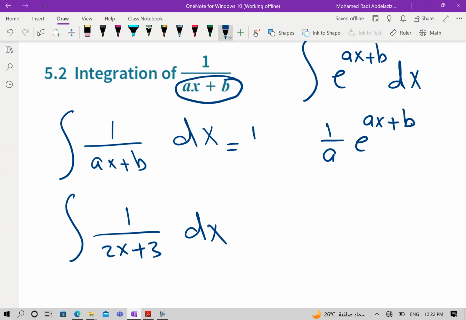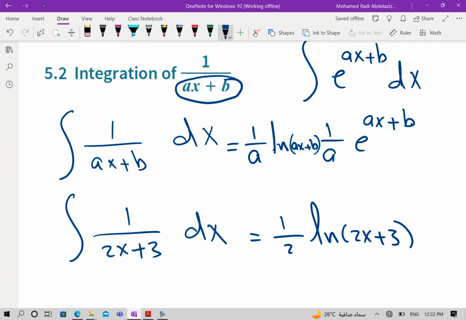It will be 1 over a, then ln ax plus b. So 1 over the coefficient of x, which is 2, ln 2x plus 3.